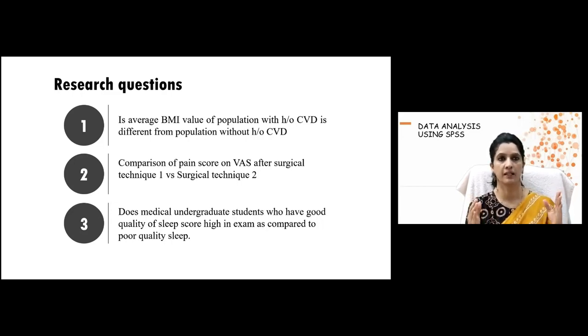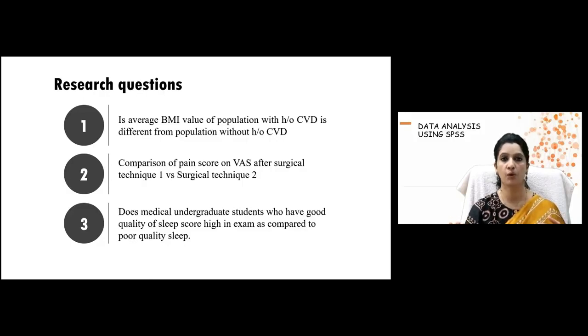Here there is one variable, the mean BMI, which is a continuous variable. And we are testing the mean value of a continuous variable across the two categories of a nominal variable. The nominal variable here is history of CVD, no history of CVD, and the continuous variable is BMI.